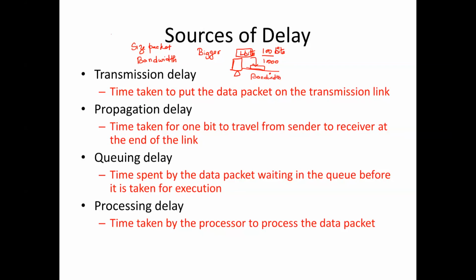You remember the formula to calculate the transmission delay is L by R, where L represents the packet size and R represents the bandwidth of the link, which is nothing but the capacity of the link, that is, how many bits can be sent per second.